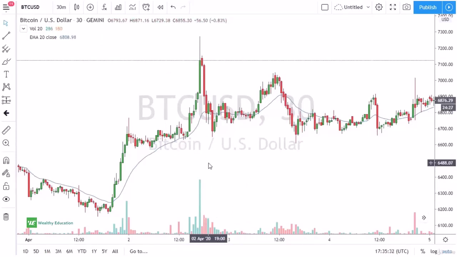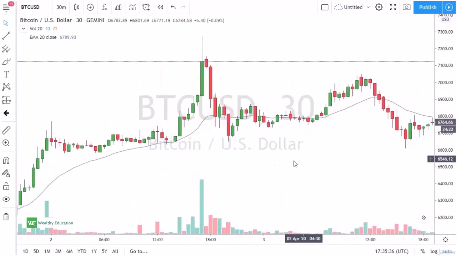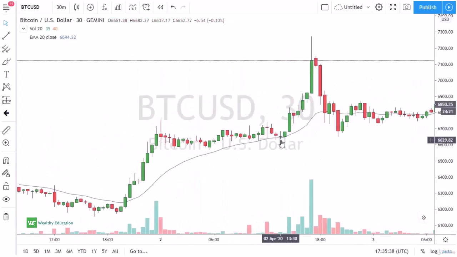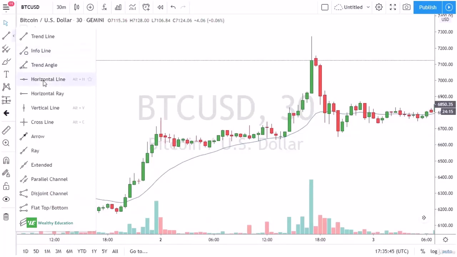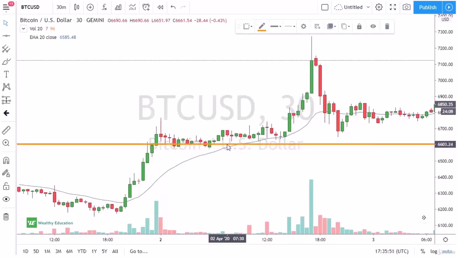intraday time frame. And you'll notice that there is a doji right here. You know, the market had been rallying a bit, and then it's just kind of hanging here at this moving average. You could also make an argument for a certain amount of support here at, let's just call it 6,600, just to give it a round figure here.